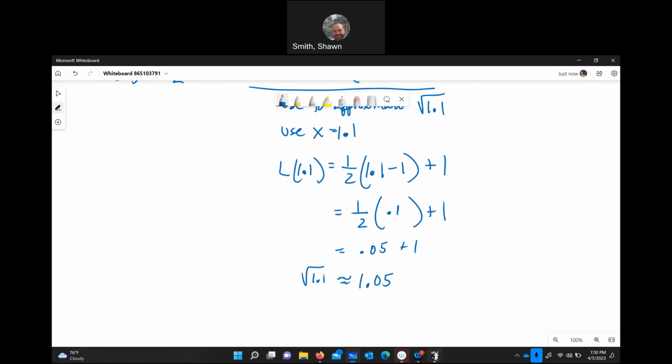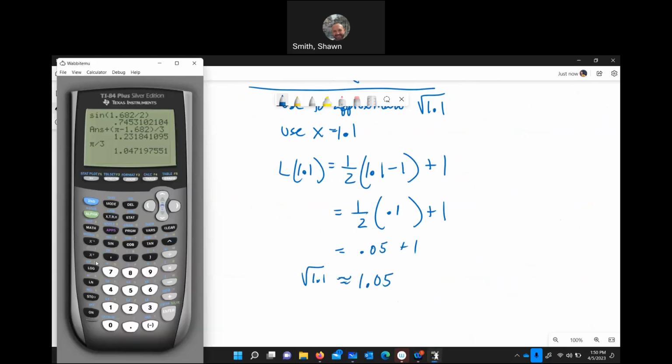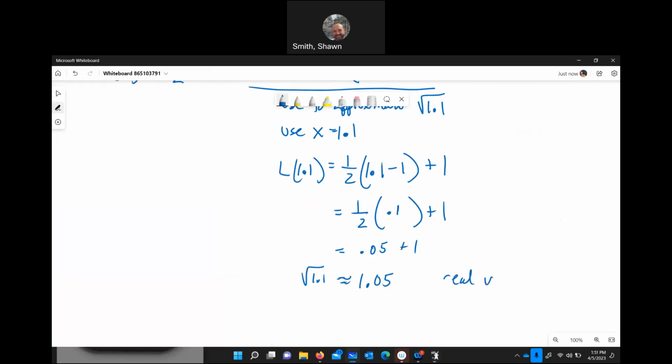And we can verify what is the real value. 1.0488. So pretty close. If I'd say approximate 1.01, you can do the same process, just plug in 1.01 into your approximation formula, right?